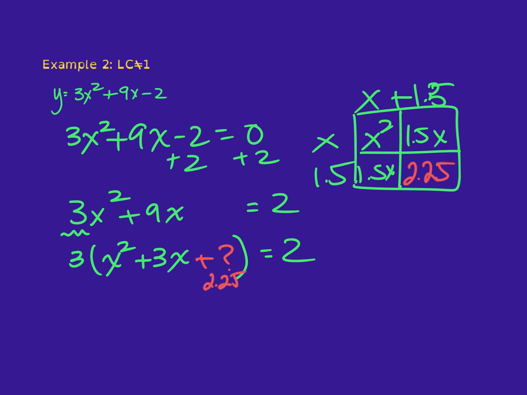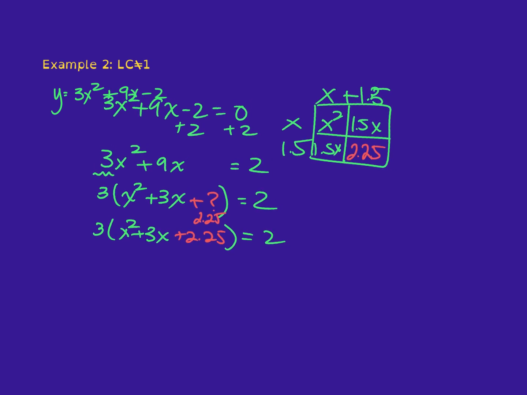So let me rewrite this so it looks better and makes a little bit more sense. 3 open parentheses x squared plus 3x plus 2.25, close parentheses, equals 2. I'm going to make this smaller.